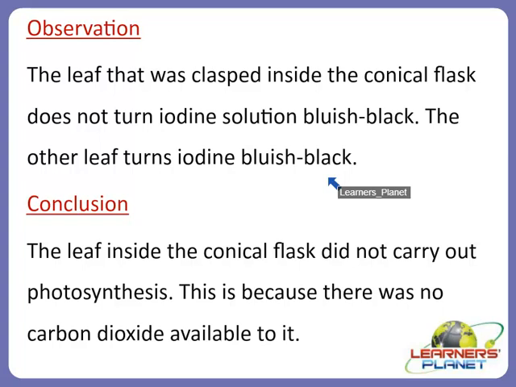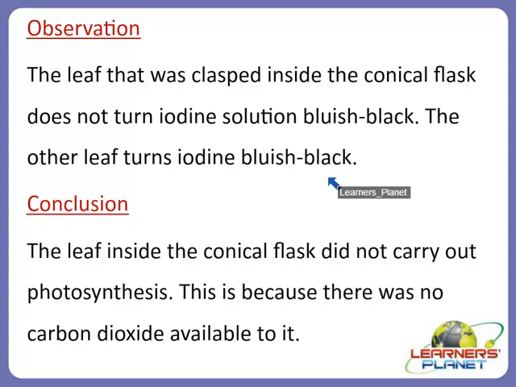So what is actually happening? What we did, first we kept the plant in a dark room so that food will not get synthesized, because sunlight is not present. Then when we keep the crystals of sodium hydroxide inside the flask, what will that do? It will absorb carbon dioxide of the air.